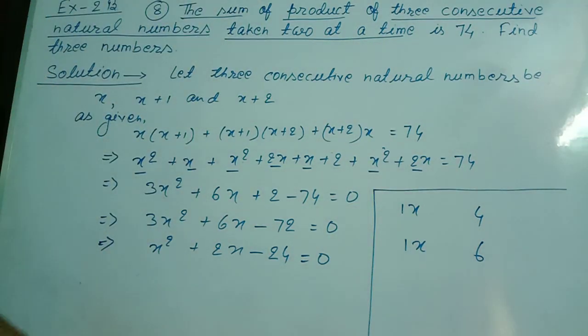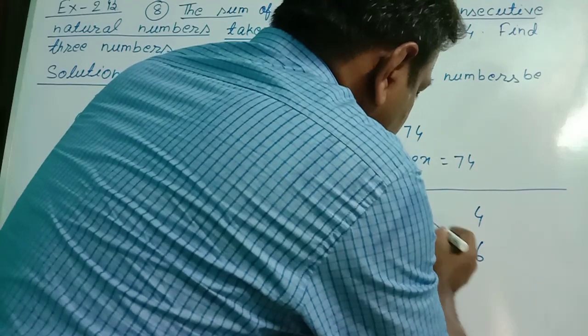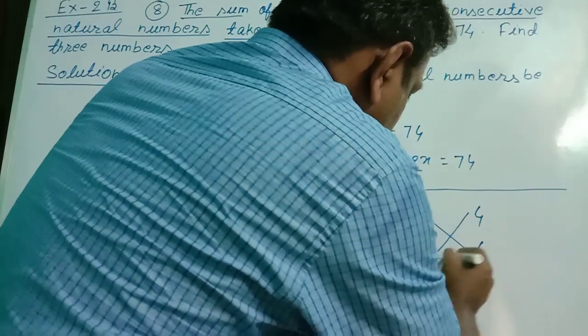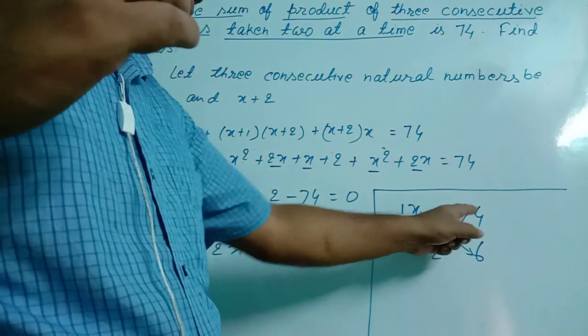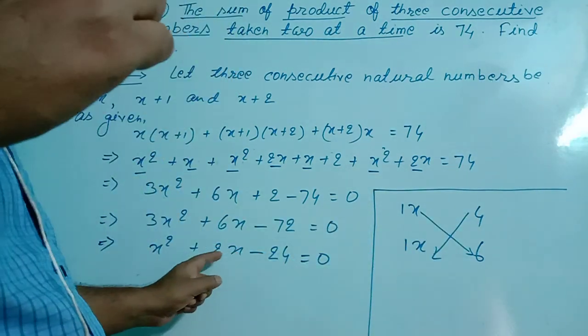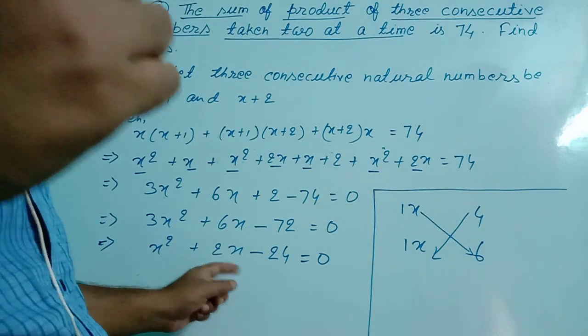Then we do cross multiplication. 6 into x, 6x, 4 into x, 4x, 6x minus 4x equal to 2x.